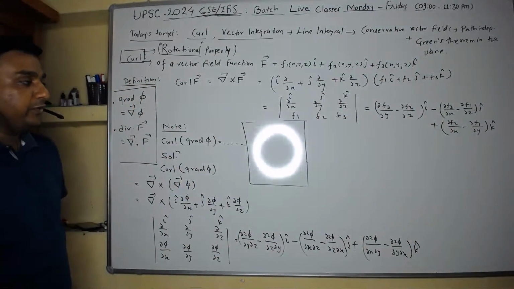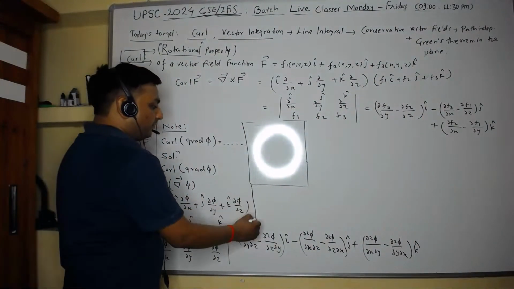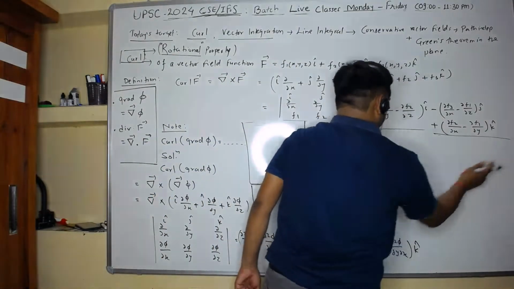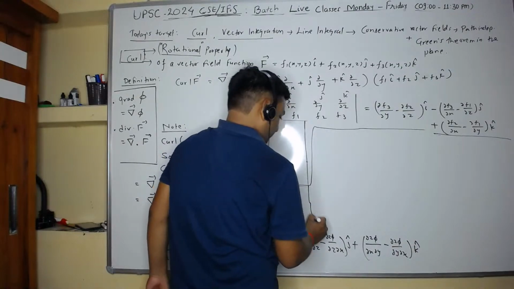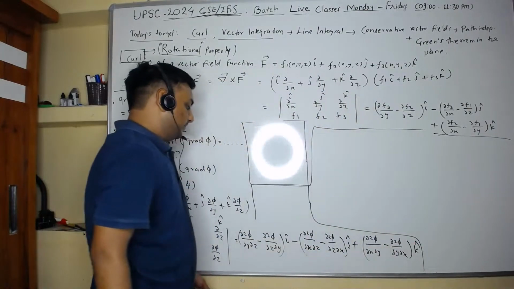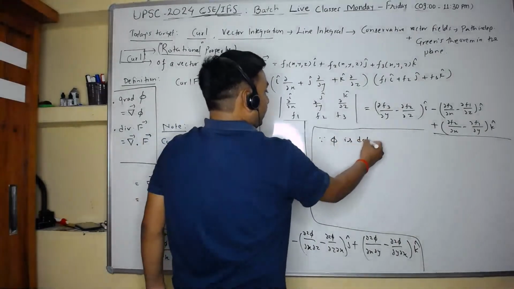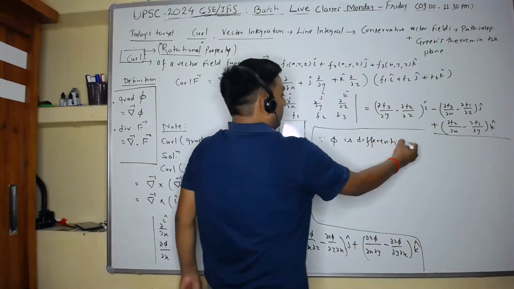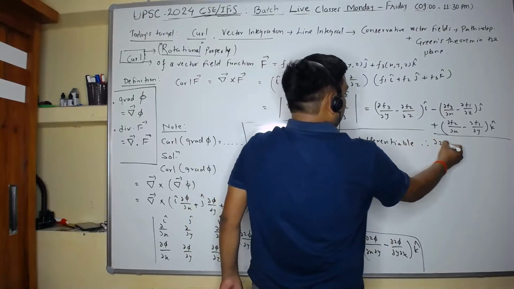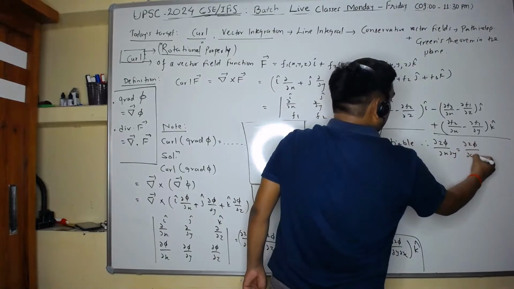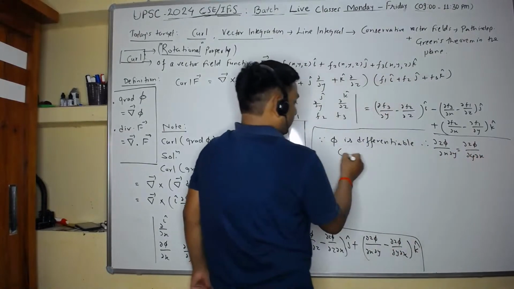Now if you want to be mathematically very correct, then I would like to tell you something here. Observe, since phi is differentiable, dou 2 phi over dou x dou y will be the same as dou 2 phi over dou y dou x.